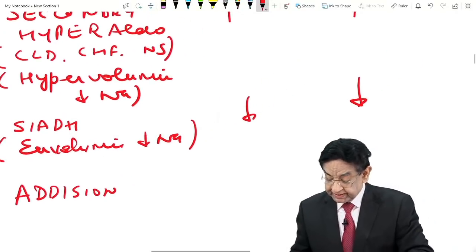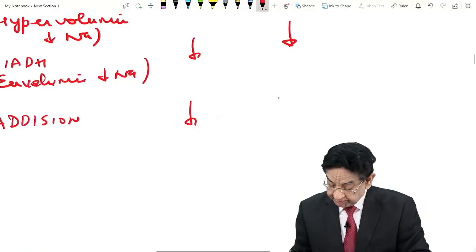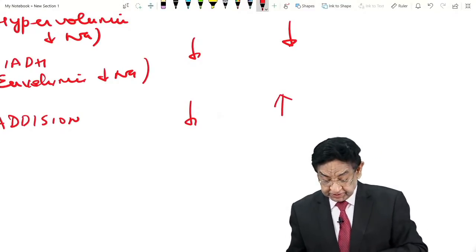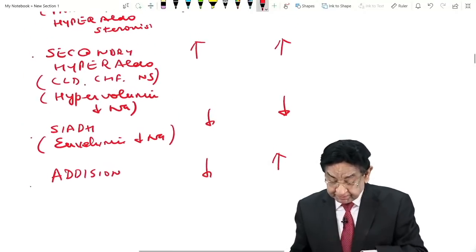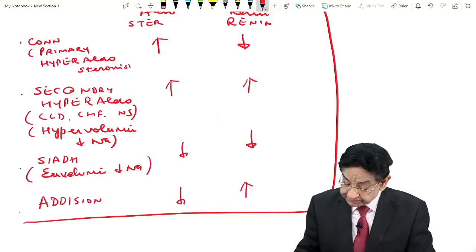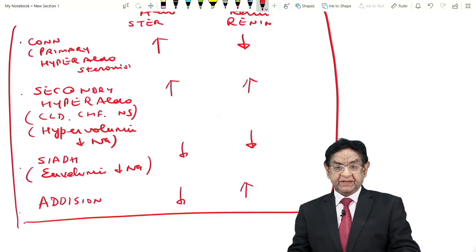In this, we get a low level of aldosterone, but the renin level is very, very high. Friends, this is a simple table worth $1 million. Worth $1 million is this slide.